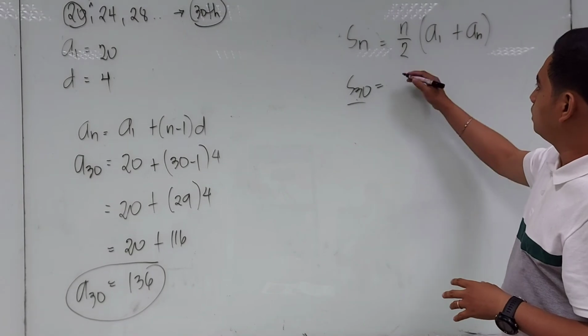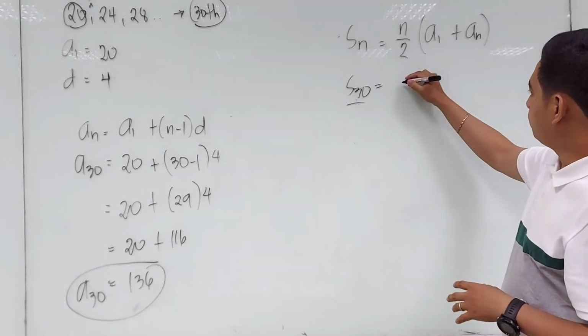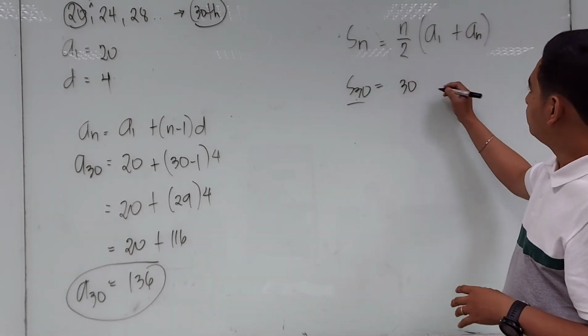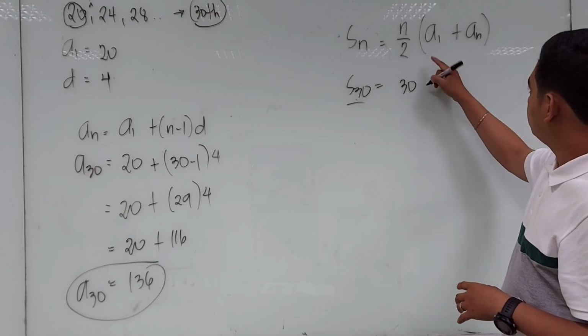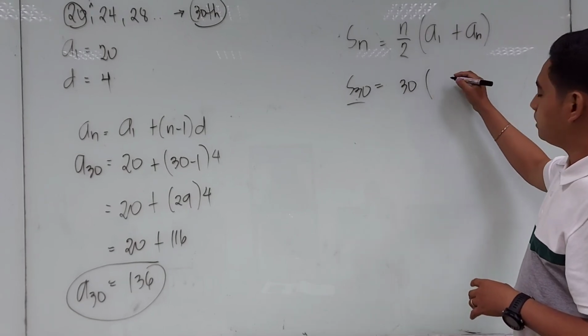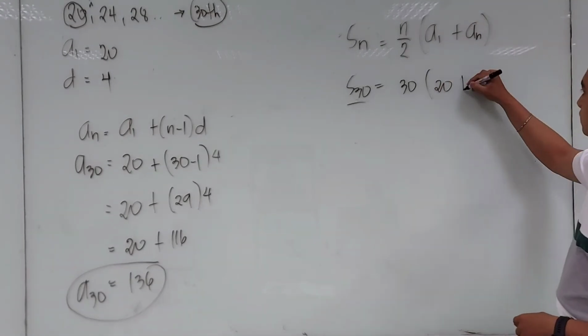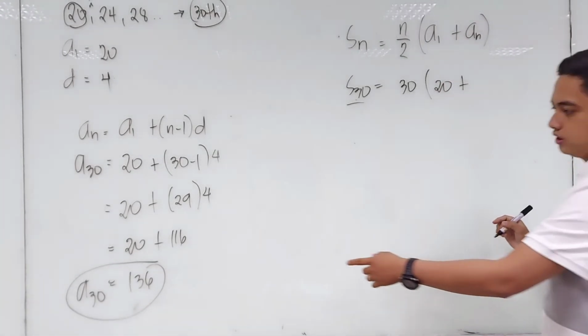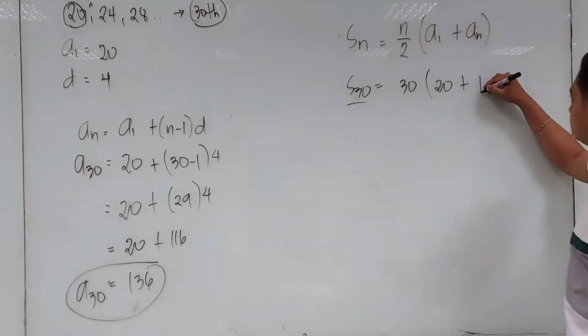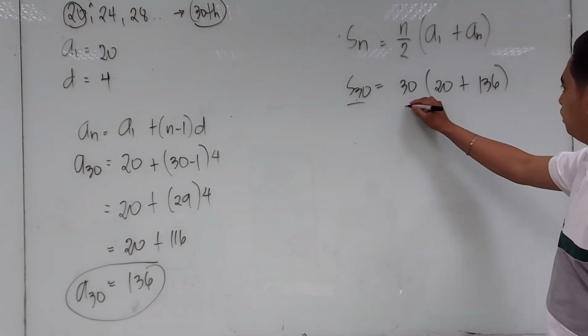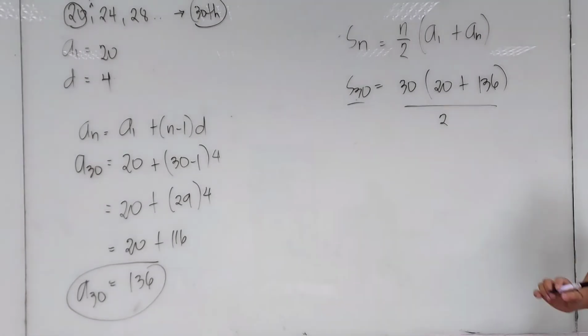So n, or the number of terms, is 30, multiplied by a sub 1, which is 20, plus a sub n, or the last term, which is 136, all over 2.